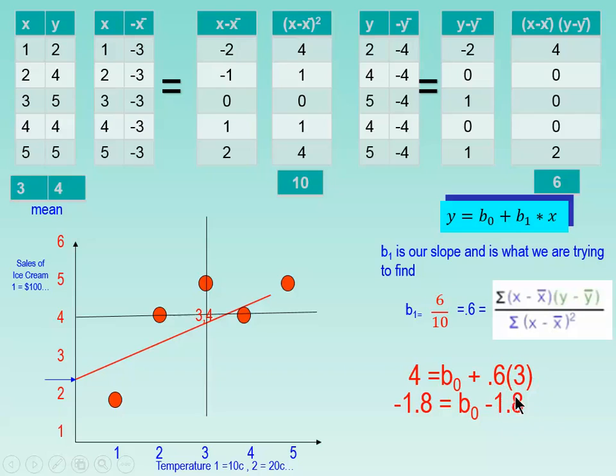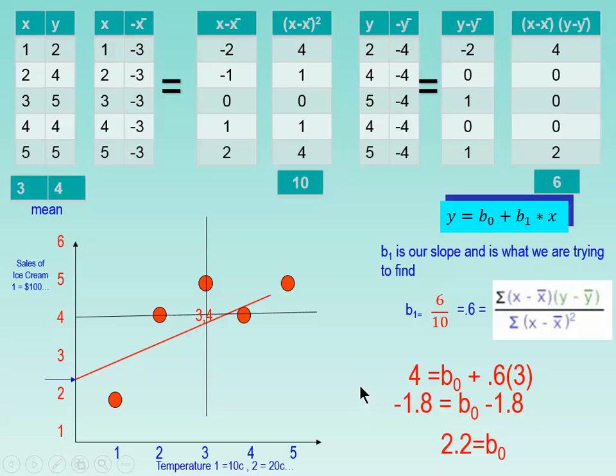So we subtract that from each side, right? So what's 4 minus 1.8? That's 2.2. This here we subtracted from this side. Of course, 0.6 times 3 is 1.8, so that cancels out.